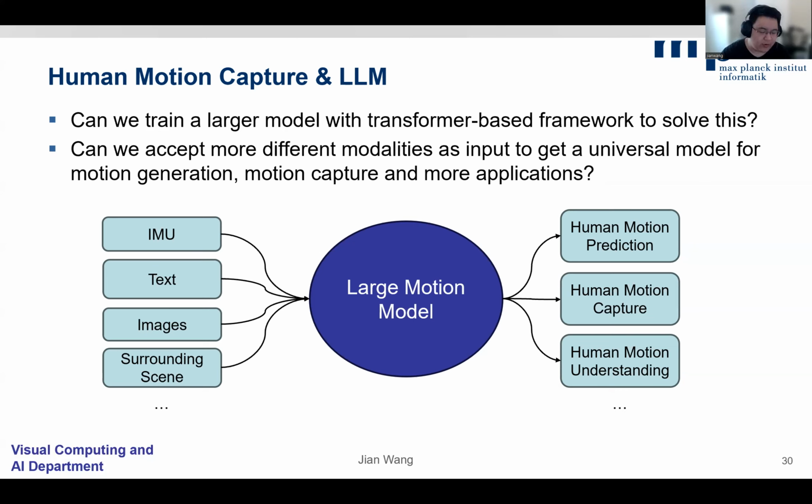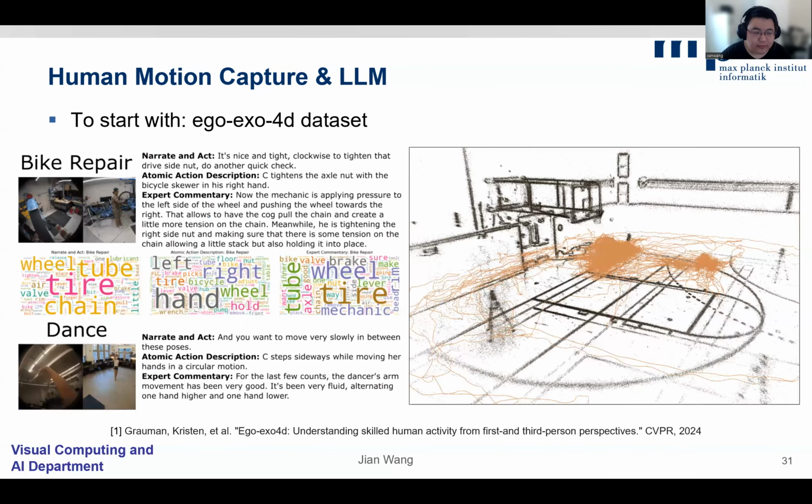I think this is a very interesting direction that will happen in maybe the next year: how human motion capture methods can accept different modalities, and how we can make the motion capture method very large so that it works not only in the human motion capture domain, but also in human motion prediction and human motion understanding. I think this LLM and human motion generation work is very interesting and can be explored in the coming years. And also a very good start to do this is from the egocentric views.